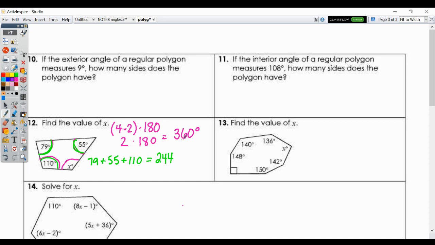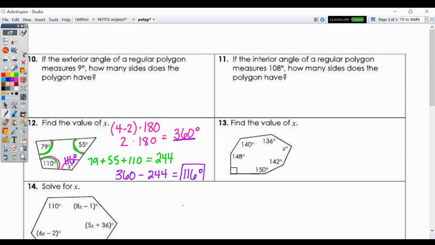So if I take my total, which is supposed to be 360, and I subtract 244, that gives me 116 degrees. So that means that x right here is supposed to be 116 degrees. It's just like we used to do inside of a triangle, except we just got to figure out what the total is supposed to be first.